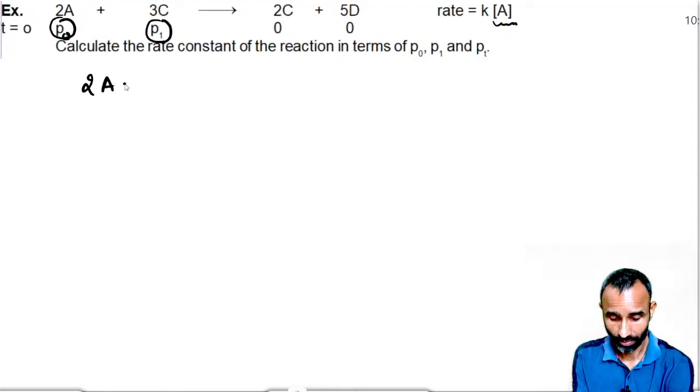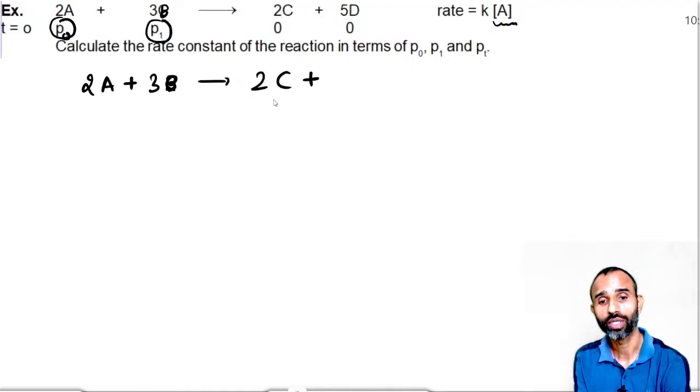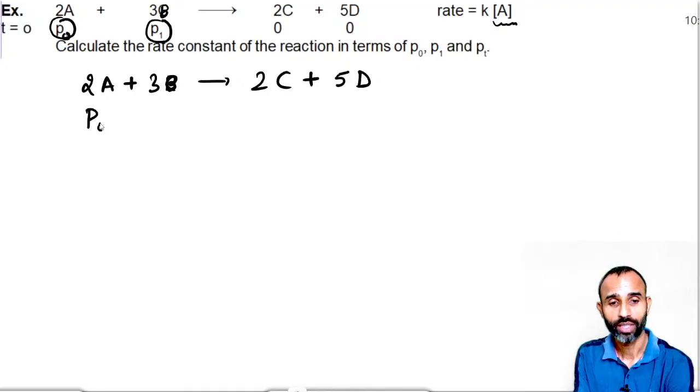See, we have 2A plus 3B to give C plus 5D. Initially it is P naught, P1, 0, 0. So after time T, let us say X moles are decreased.